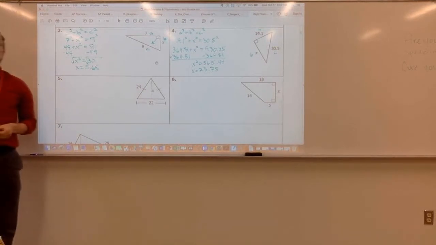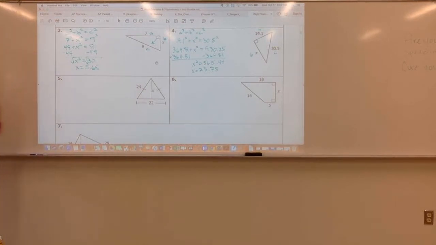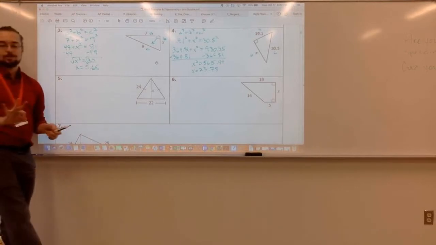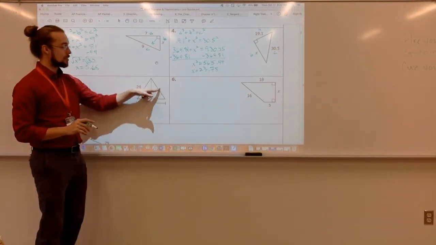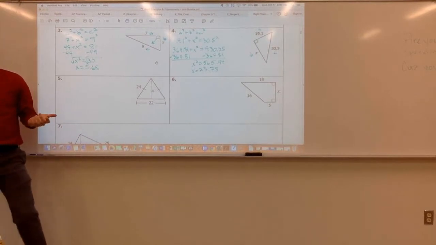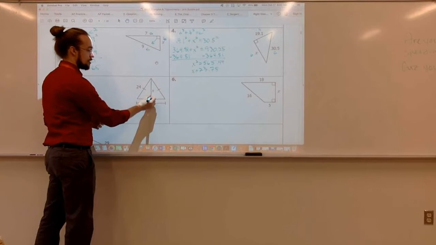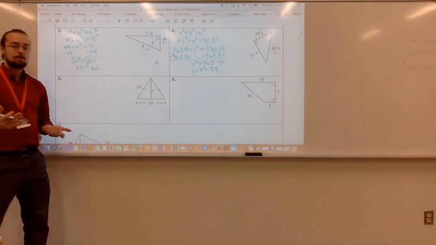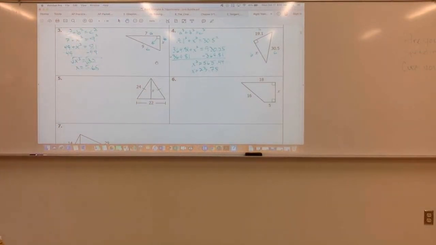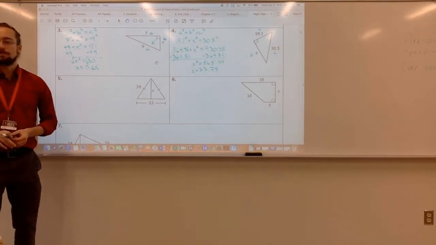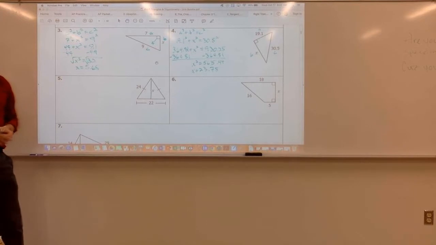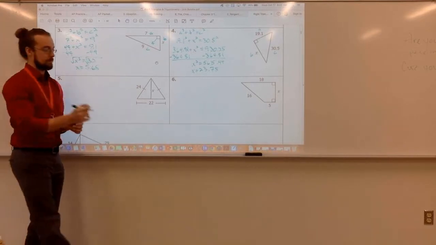Remember the isosceles. Equilaterals, all three sides are the same. So isosceles is a triangle with two sides the same. Our goal is to solve for this height. Does anybody see a way that we can use the Pythagorean theorem to do that? You already have 22. Well, actually, cut the 22 in half.